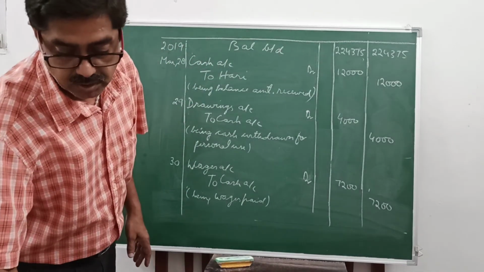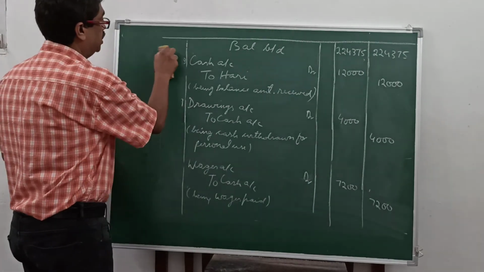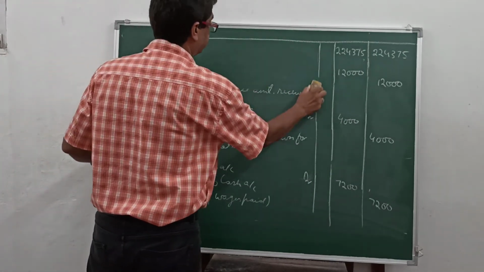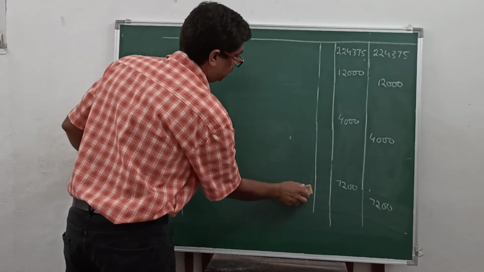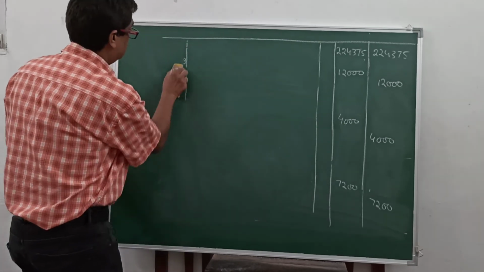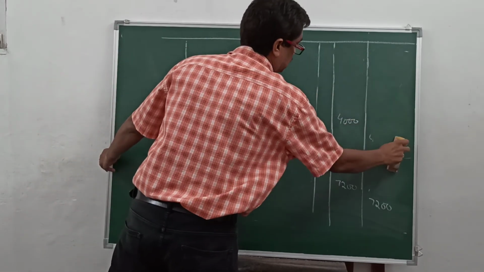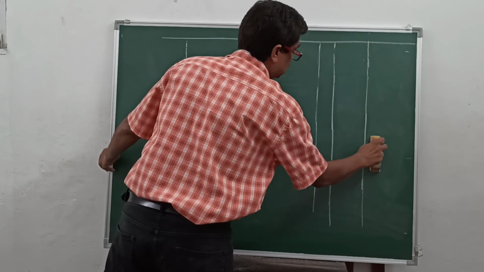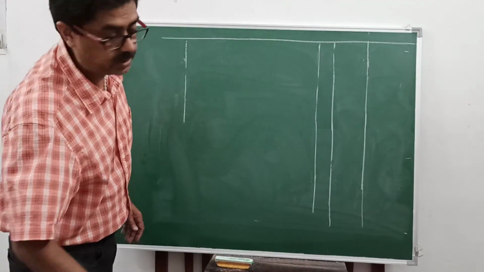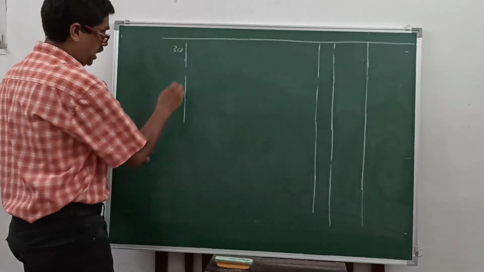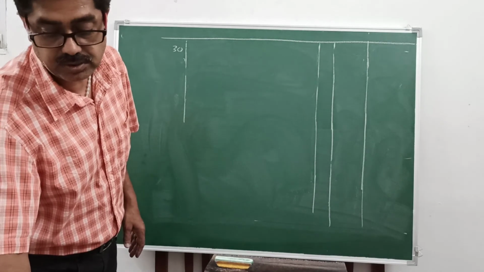We have one more entry. Still we have space for one more entry after wages paid. Date is 30th, same date. So after the last entry, you continue there only. Don't go on the next page. Bought machinery for cash.